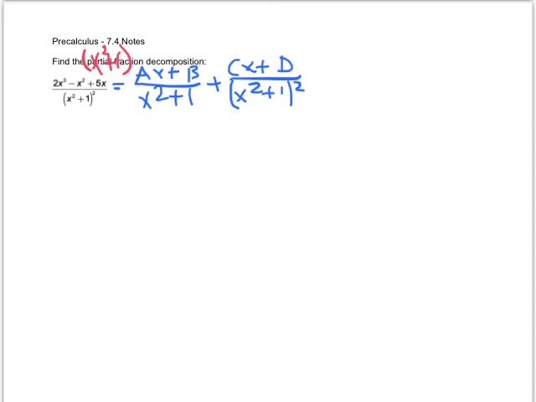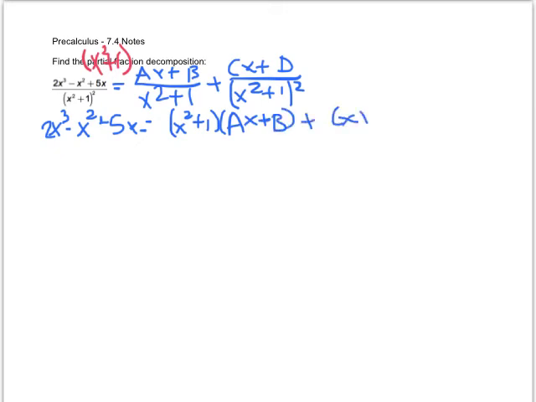And what that's going to give me then is 2x cubed minus x squared plus 5x equals x squared plus 1 times ax plus b plus cx plus d.